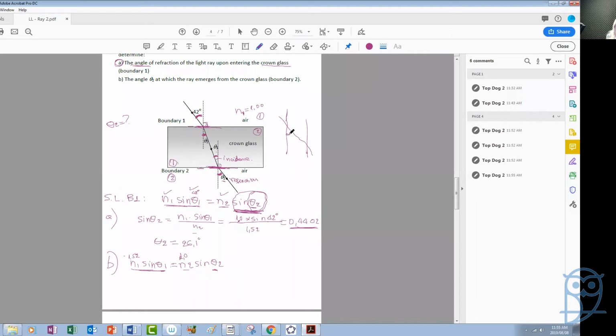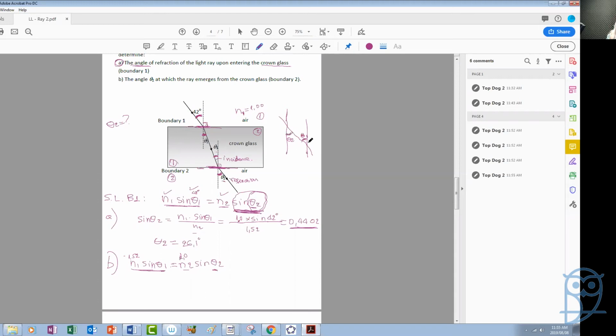so this is the angle theta 2, the refracted angle from the first boundary, and this here is theta 1, which is the incidence angle at the second boundary. These two angles are equal from the geometry, isn't it? I hope you learned this in geometry, okay?